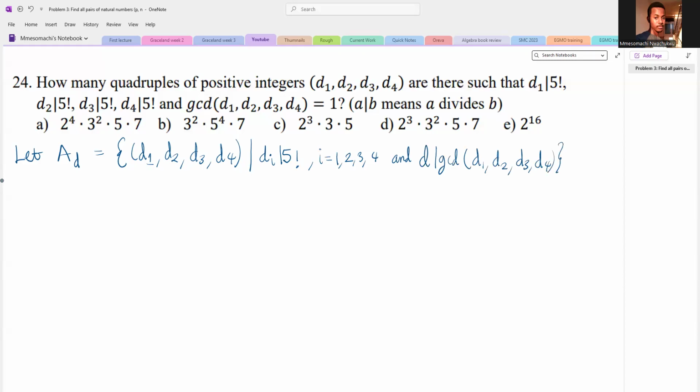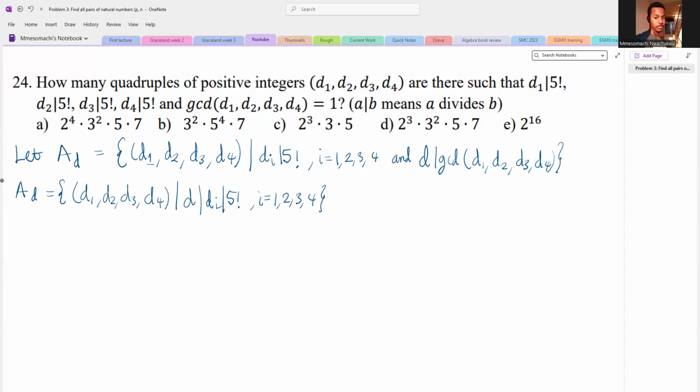Okay, so for us to have this, we can also restate this as A sub D equals the set of quadruples d1, d2, d3, d4 such that D divides d_i, which divides 5 factorial, for i equals 1, 2, 3, 4.